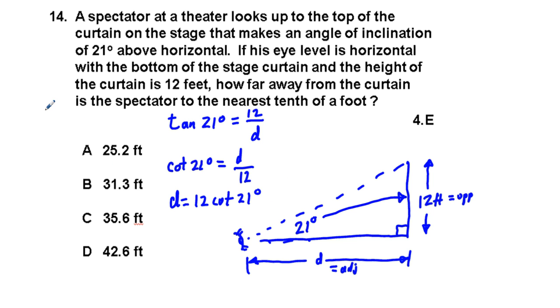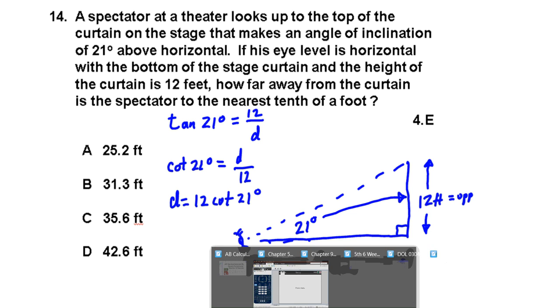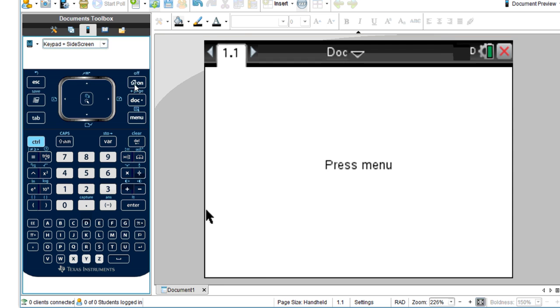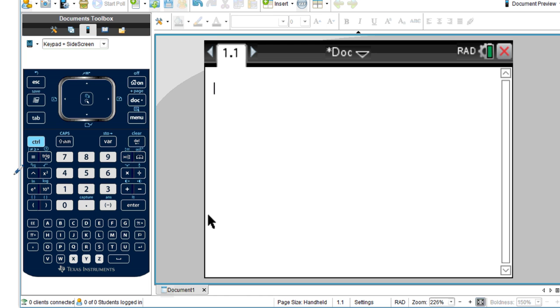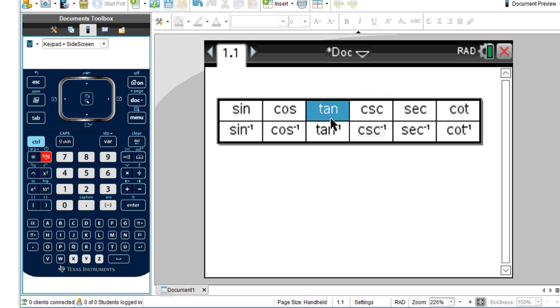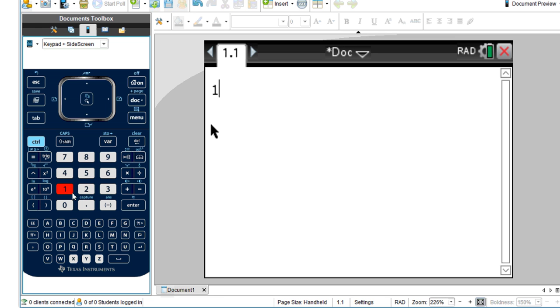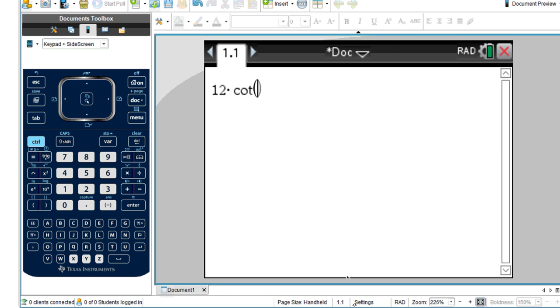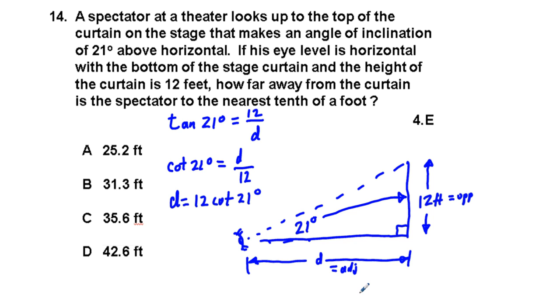Now, let's go to our calculator. Here's our calculator. We'll do 12 times cotangent, and we said it was 21 degrees?